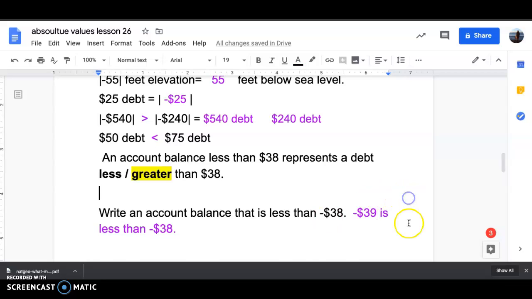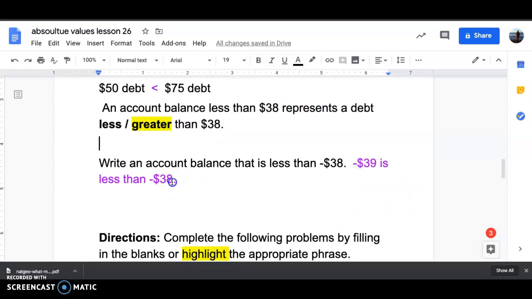Because if you owe $39, that's definitely less in the bank than if you owe $38.